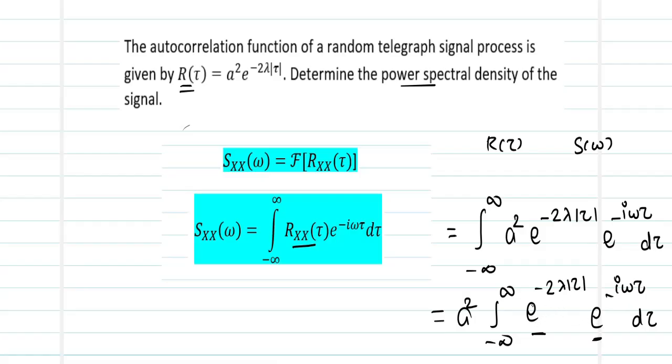But now since your input function is exponential, keep this as exponential, because we know that e to the power of a times e to the power of b can be written as e to the power of a plus b. I am making use of this property, and what we have is e to the power of minus 2 lambda modulus of tau times e to the power of minus i omega tau.